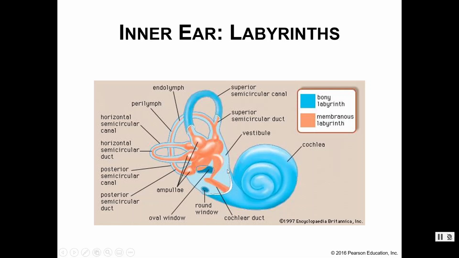Any of this lighter blue all the way around, that would be the perilymph. And then the darker orange would be the membranous labyrinth itself, and then the lighter orange would be the endolymph. Okay, so you kind of get a better idea of what we're talking about. Sometimes it's hard to get it from just a bunch of words.